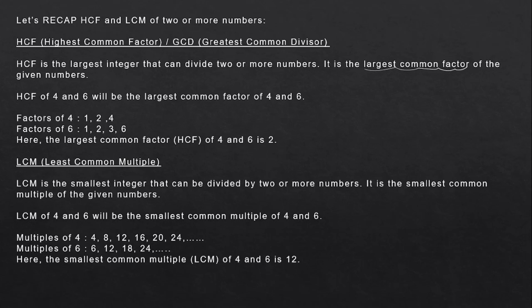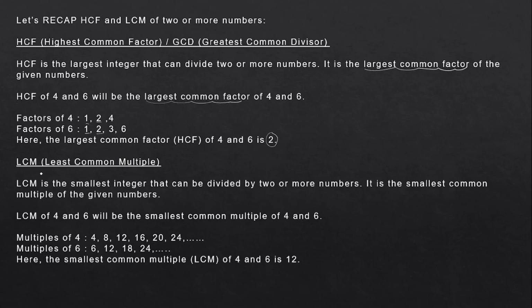For example, if we are asked to find the HCF of 4 and 6, what exactly are we looking for? We are looking for the greatest divisor of the numbers 4 and 6. Now, the factors of 4 are 1, 2 and 4. Factors of 6 are 1, 2, 3 and 6. Here both 1 and 2 are common factors. But out of them both, which is the greatest one? So the greatest common factor, or the HCF, of 4 and 6 is the number 2.